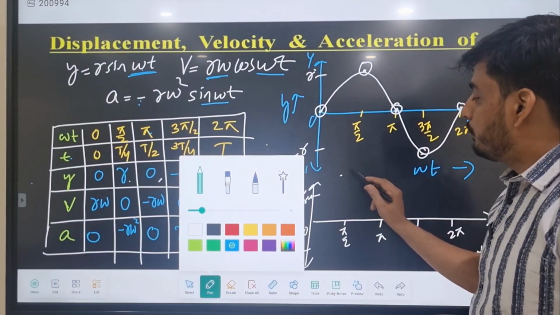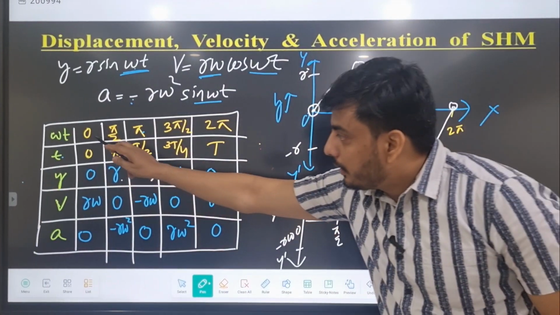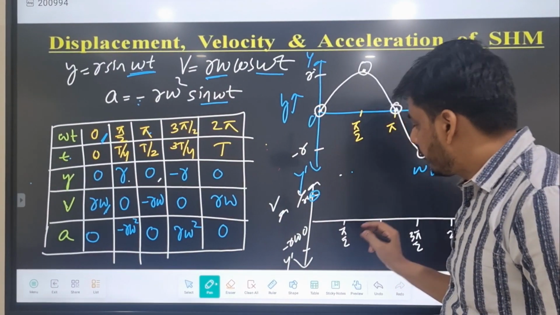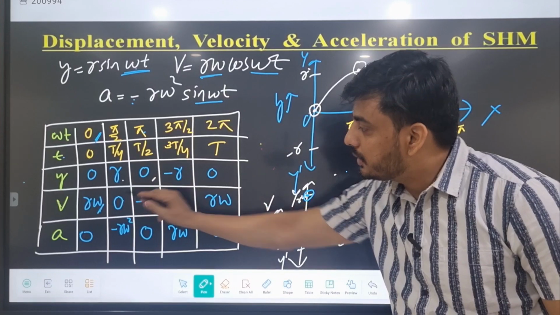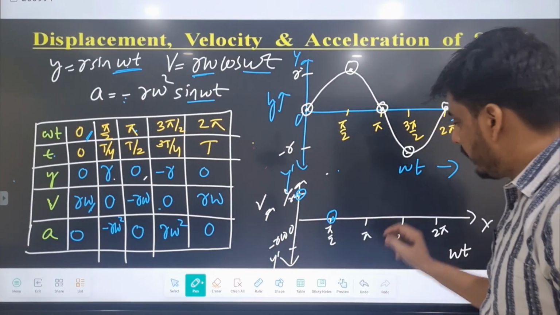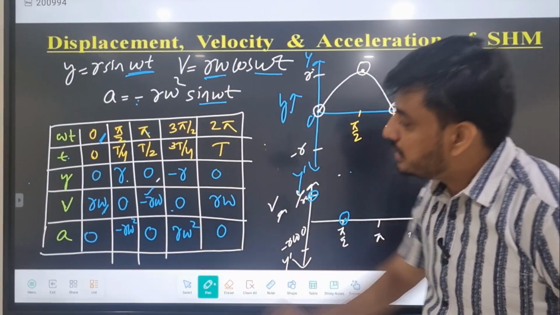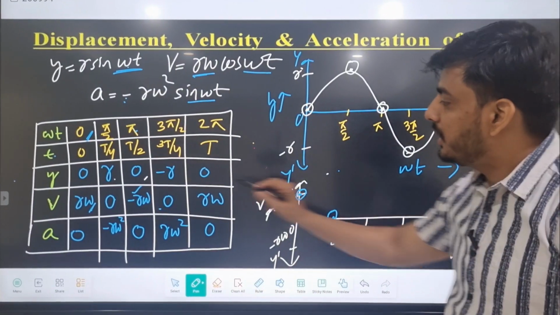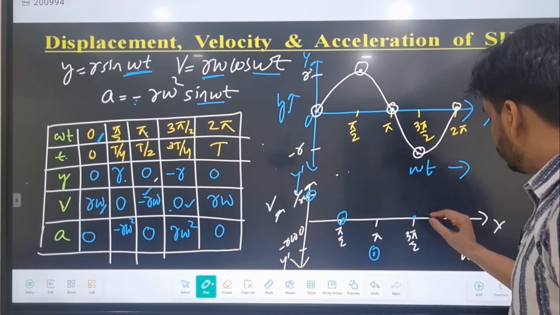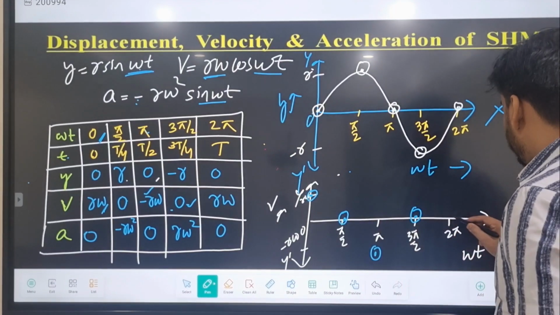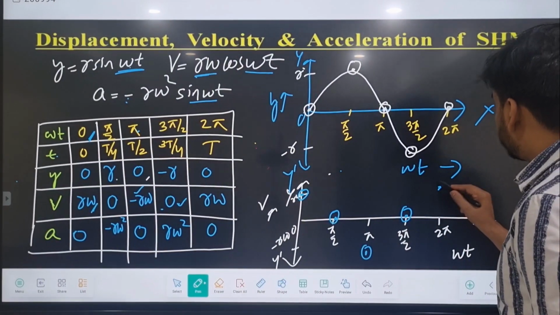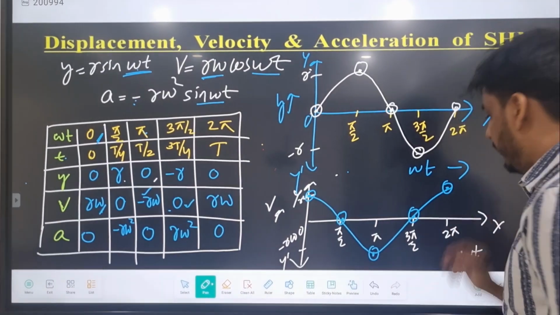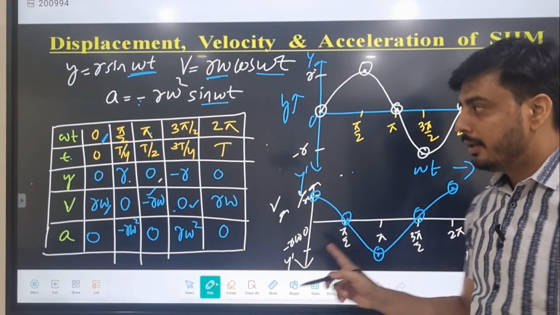Now we have to find the plot points. When the angle is 0, this is r omega, so the point will be here. But at 90 degrees the value is 0. At pi, the value is, you can see, minus r omega. So here, minus r omega. At 3 pi by 2 it is 0. At 2 pi it is again on the positive side here. So if you plot the graph, it will be like this. So this is a cos curve.